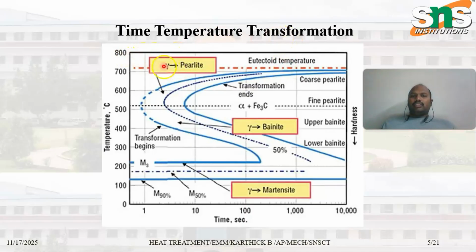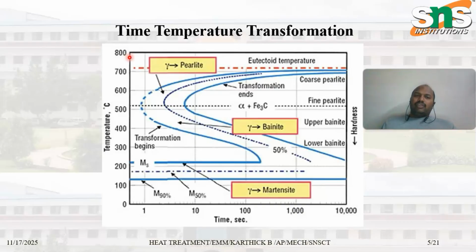So here you can see from gamma to pearlite, gamma to bainite, gamma to martensite, where this gamma is nothing but austenite. So if we need a coarse pearlite microstructure, we first heat the material up to 800 degrees Celsius or 1000 degrees Celsius to make the material reach the austenite zone.